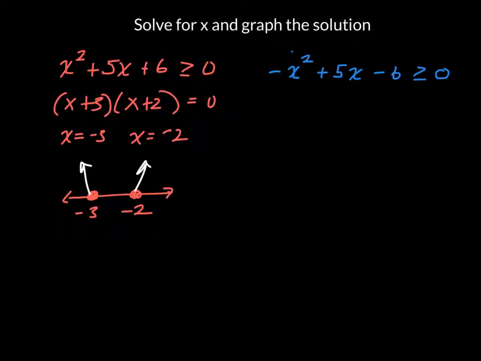Well, when you're on a number line, you're only concerned about the domain. You don't care about the range. You don't care about how it goes up or down. So what you have here is that this will go like this. So it's just going to be greater than the negative 3 or greater than the negative 2. Now, it's an equal to problem, so I'm going to fill in a solid circle here. And what I have here is that you notice that the points are going away from each other.